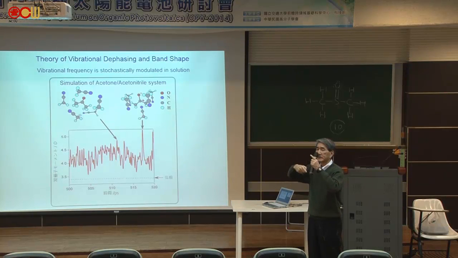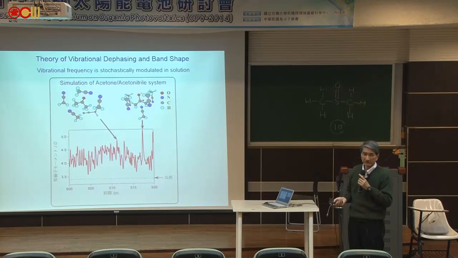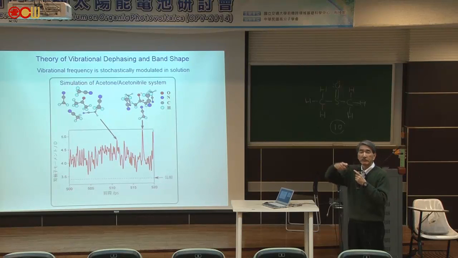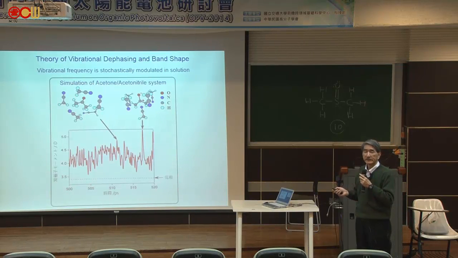But if the frequency changes, then after some time, the phase is shifted from what it should be with the constant frequency. So it causes this dephasing. By calculating this kind of fluctuation of dipole moment and frequency, we can calculate the bandwidth of the band.